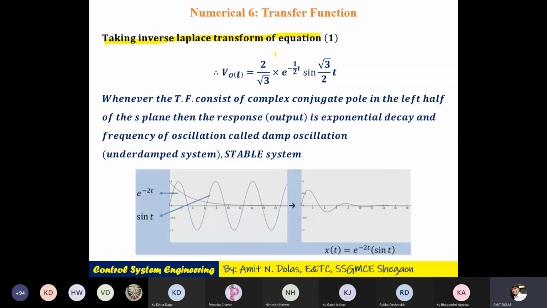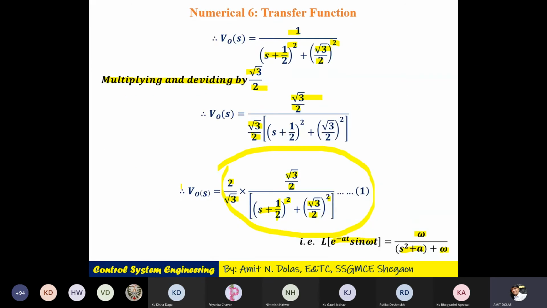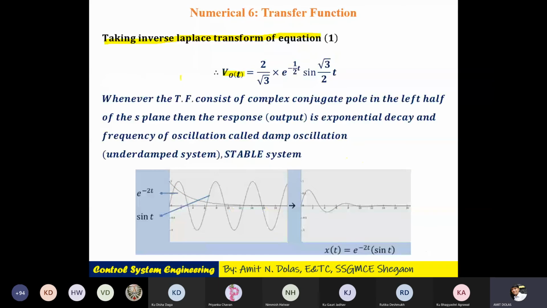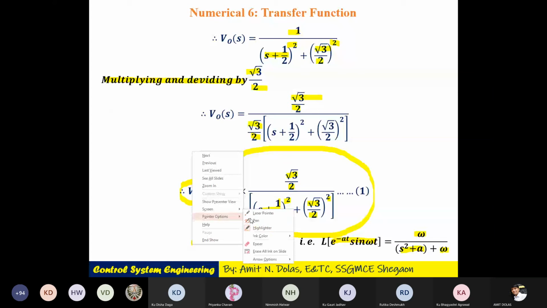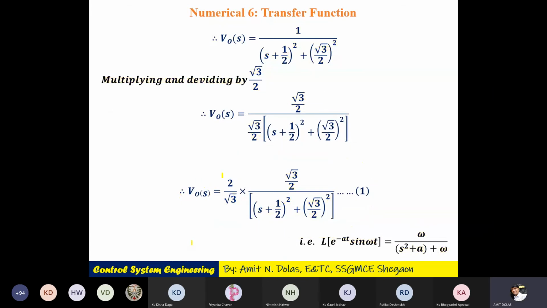So here, taking the inverse Laplace transform of the given equation, V of s was in the s domain, and I'm converting it into the time domain. That's why I have used the inverse Laplace transform for equation number 1. So V of t will be what? 2 by root 3 as it is, because it was a constant. I hope whatever I'm shuffling in the PPT is reflected at your end.